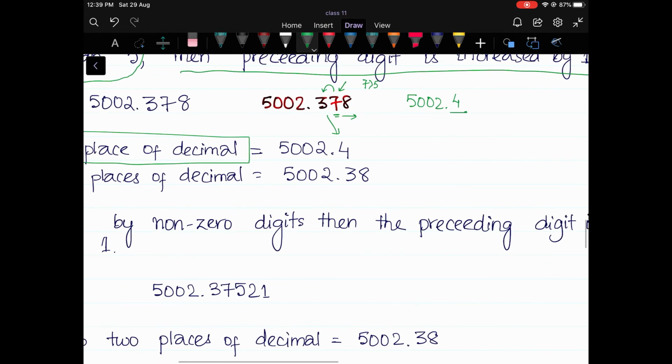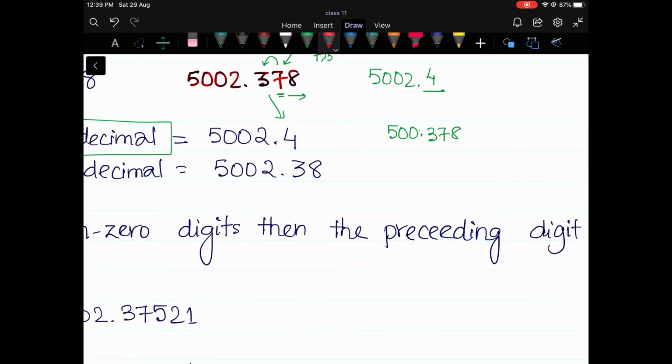Again, suppose we have the same question where we have 5002.378, but this time we want to write 2 places of decimal. There was a 2 here, so we have 5002.3. Now I want to write this number and this, because I want 2 places of decimal.